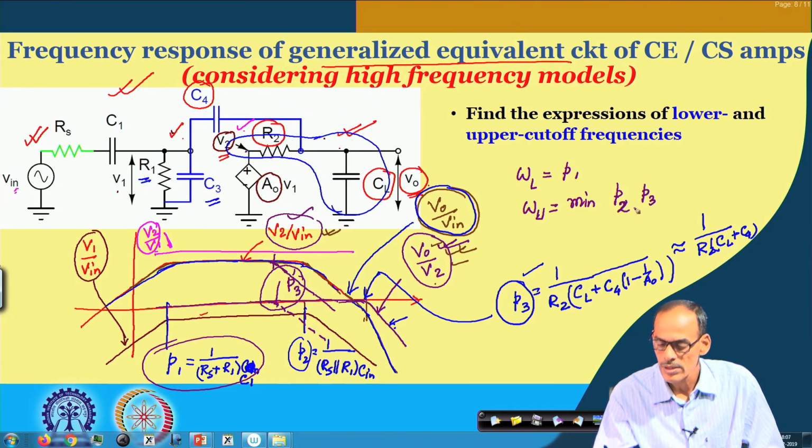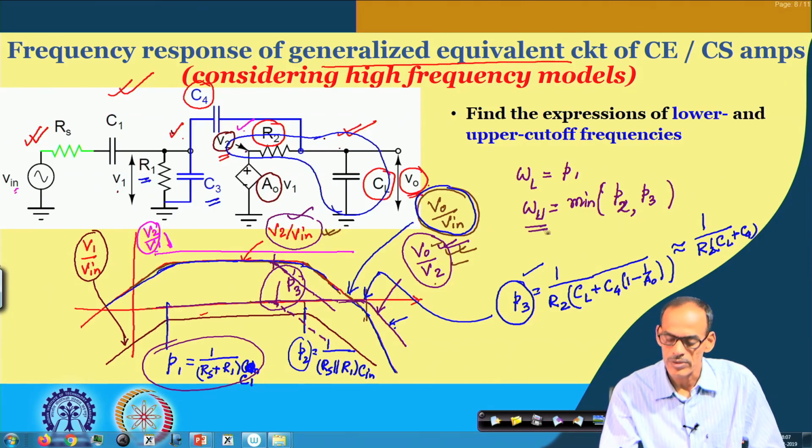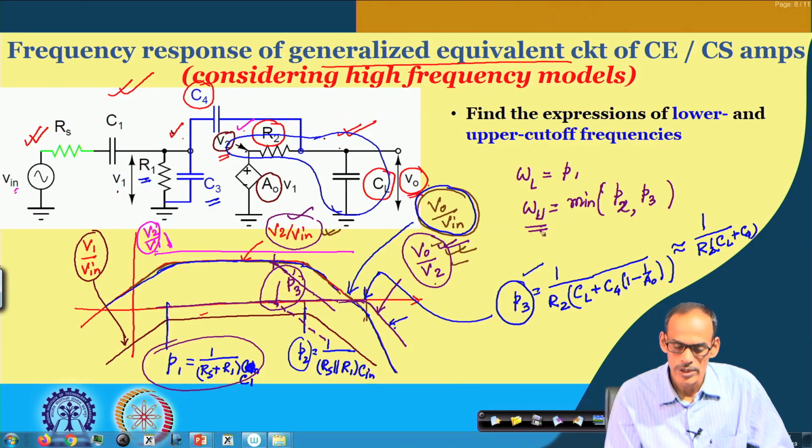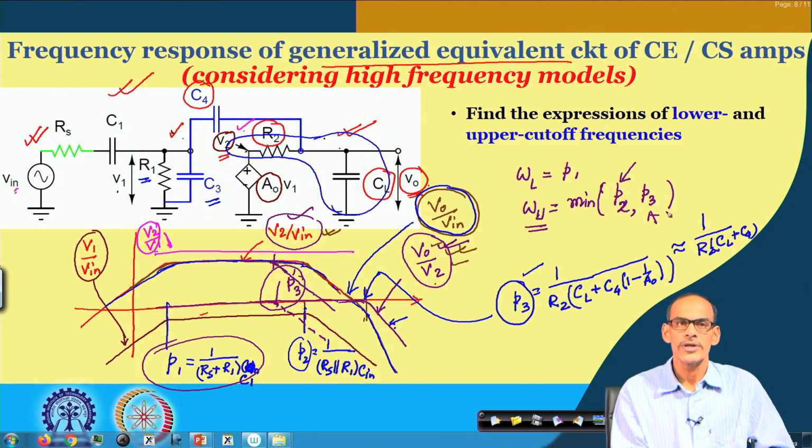So, in our numerical example, we will see two cases, where for one case maybe P 2 is lower, in the other case maybe P 3 is lower. So, probably with that numerical example things will be even clearer.